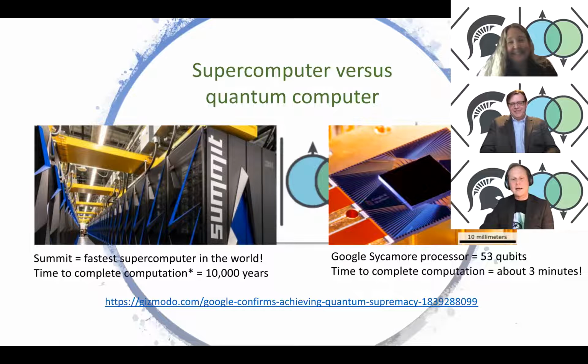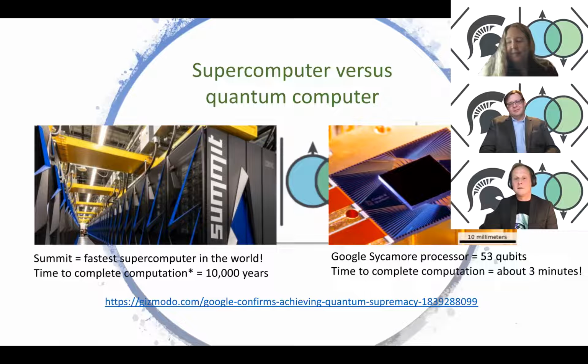And they ran a computational problem. It's essentially a performance metric. They wanted to see, let's have Summit and the Sycamore Google processor run the same problem. The time to completion for the Google processor took about 3 minutes, and most of that time is actually spent sending the signals up and down to the processor itself.